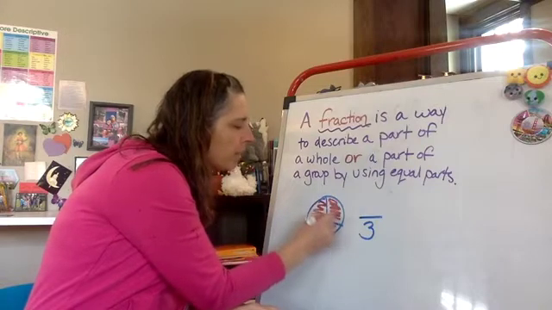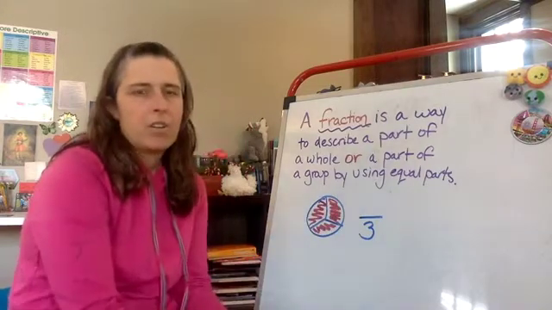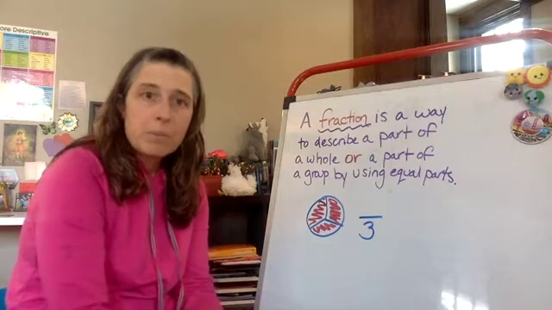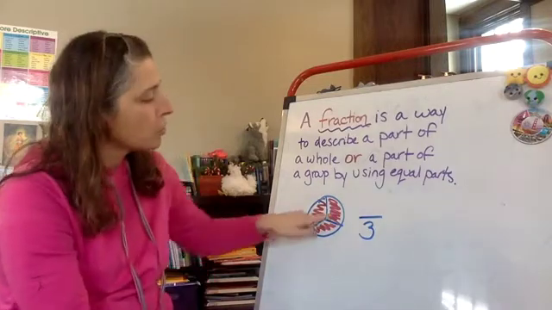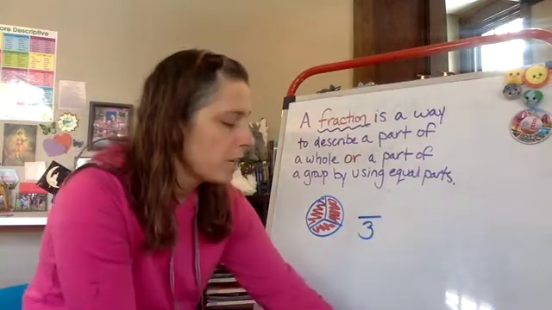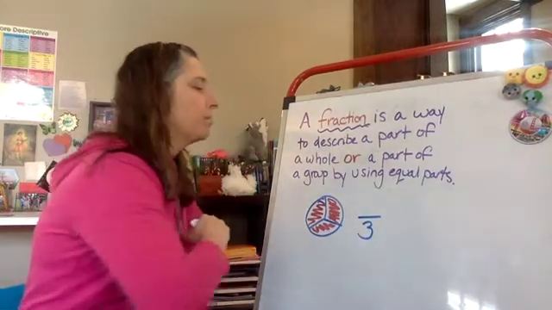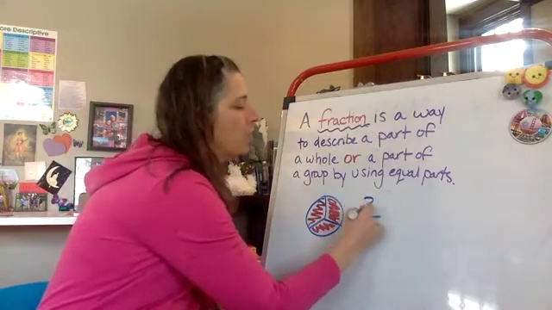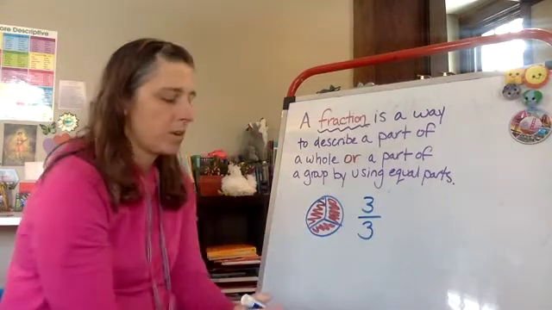All 3 pieces are colored in. So you may wonder yourself, well, what am I supposed to put on the top? If we've shaded in 3 of those equal parts, the numerator, the number on the top, would be 3, because we're trying to represent 3 out of 3 parts.